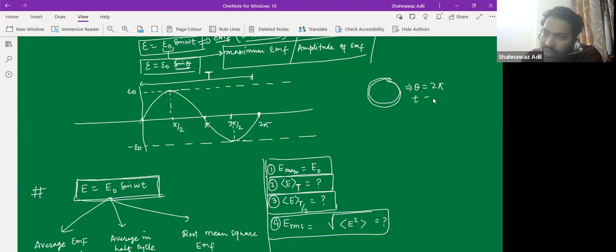Time is this T. So what would be the angular velocity, guys? What would be the angular velocity?